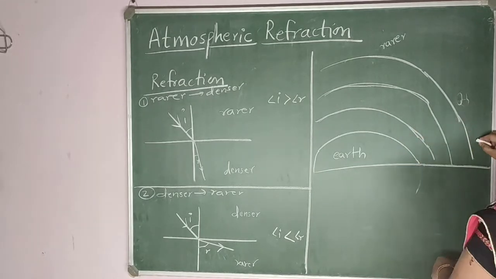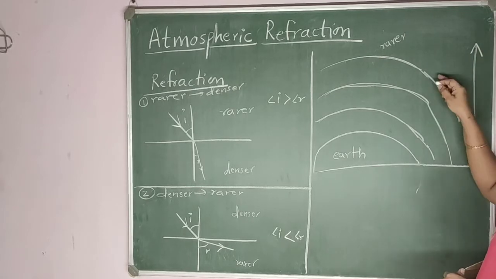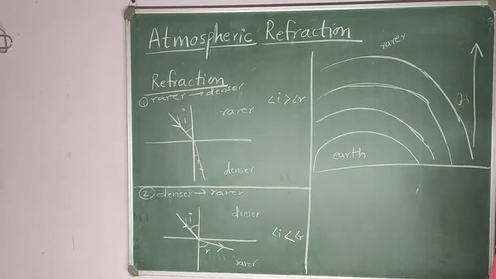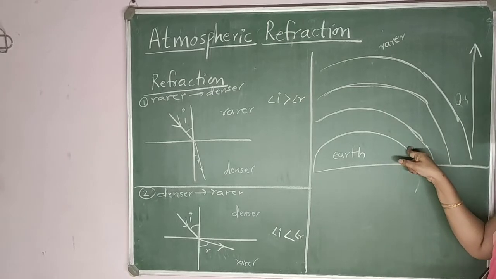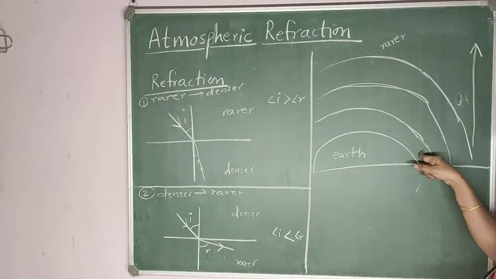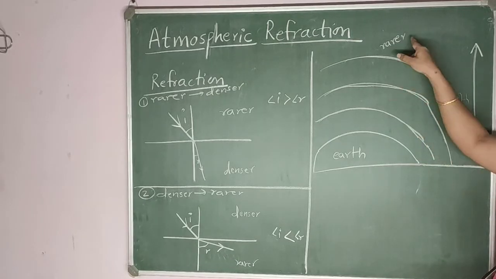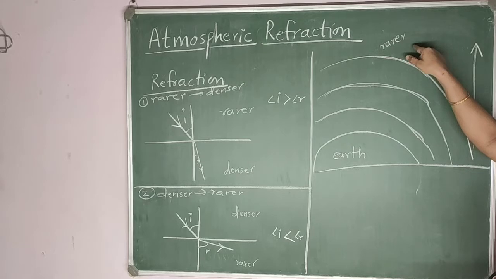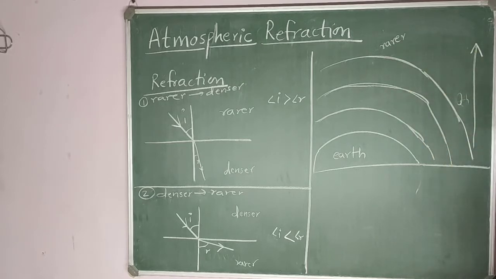That means as we go above, the density of air decreases. Then the density reduces, again reduces. Thus, each layer has different density.